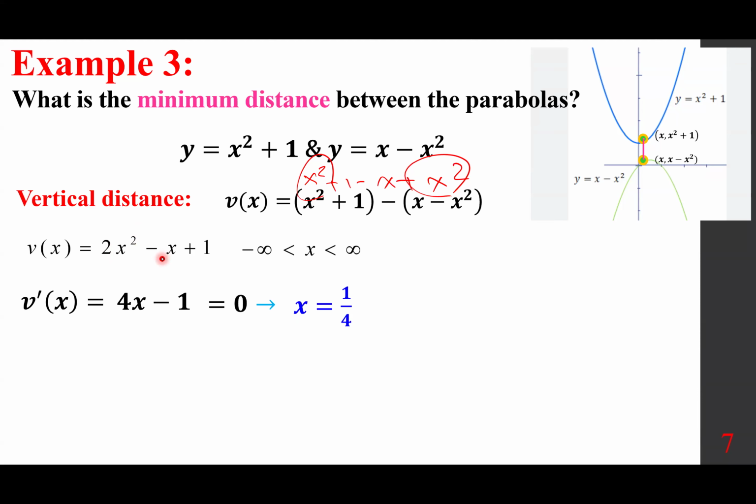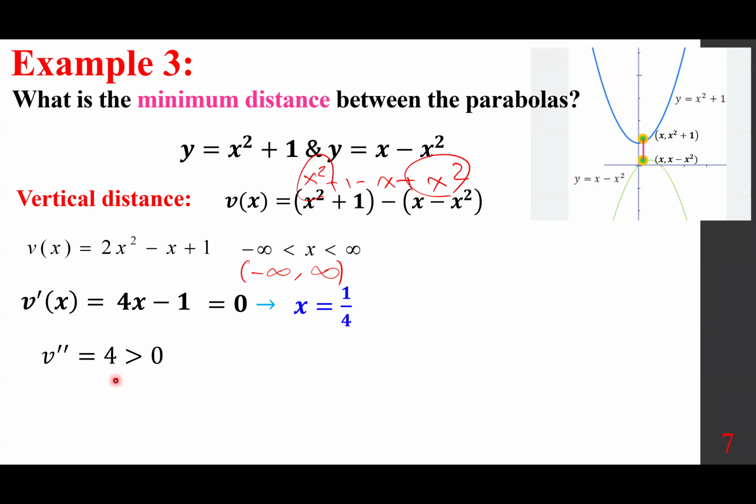So we have an open interval of negative to positive infinity and one critical point. That means local becomes absolute. Having said that, we're going to go with the second derivative test. V double prime is just 4, which is a positive value.